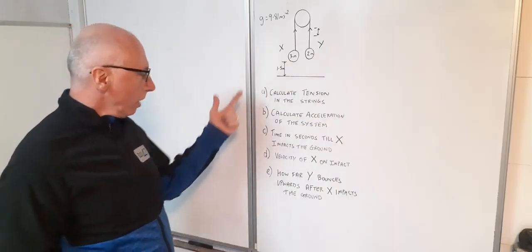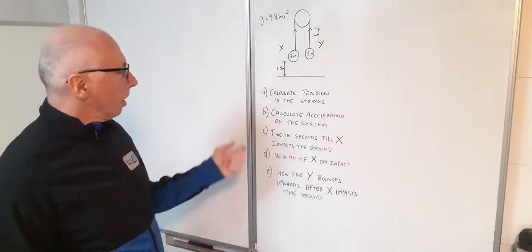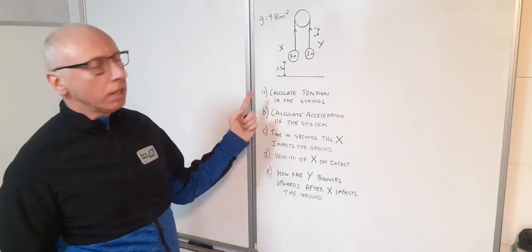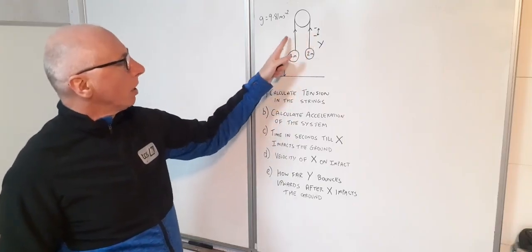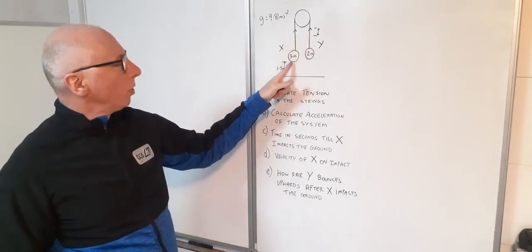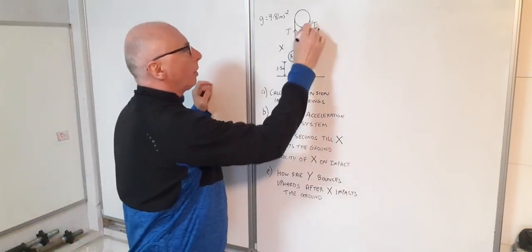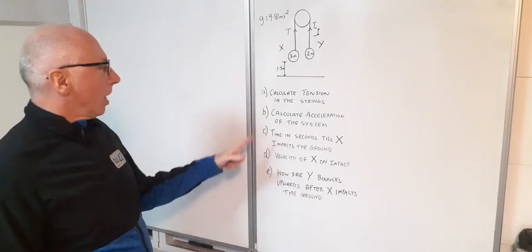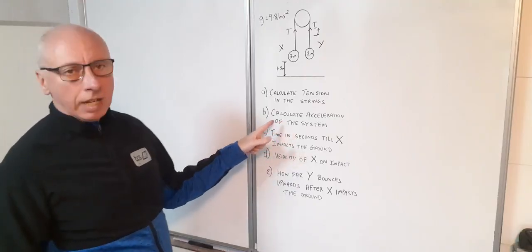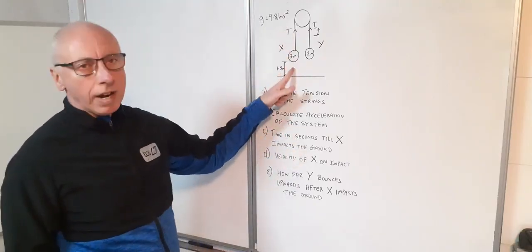To help us on our way, we've got 5 questions. We've got calculate the tension in the strings. Now the tension is going to be pointing away from the masses and towards the pulley, so the tension will be going up in this direction. Calculate the acceleration of the system as it falls to the ground.